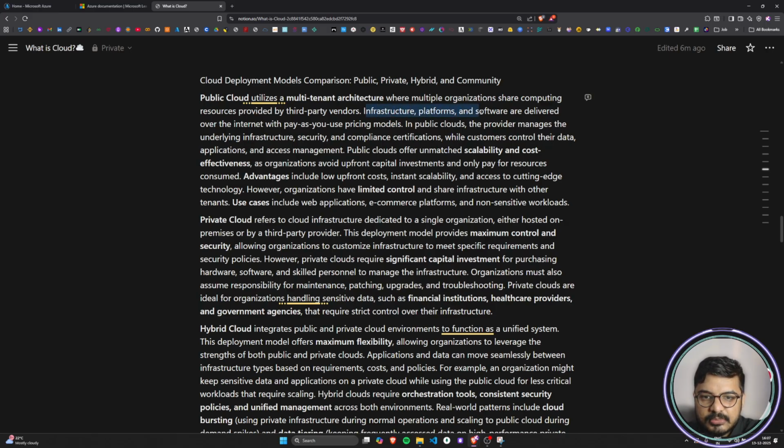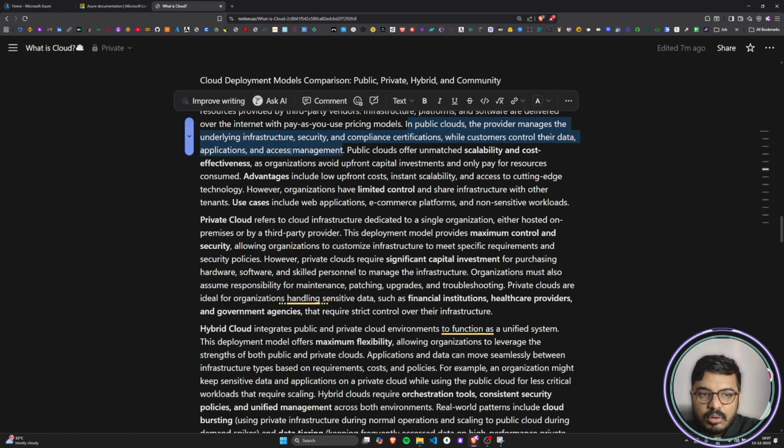Infrastructure, platforms, and software are delivered over the internet on pay-as-you-go models. In a public cloud, the provider manages the underlying infrastructure, security, and compliance certifications, while customers control their data, applications, and access management.